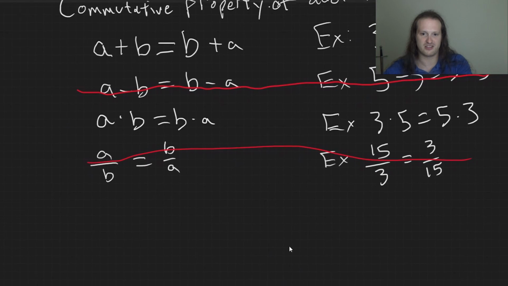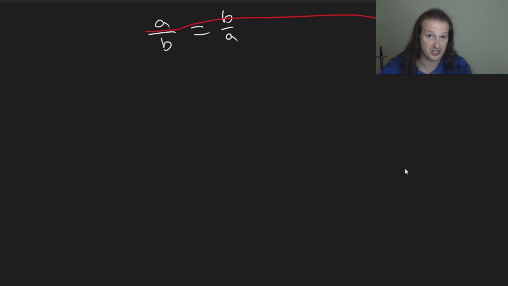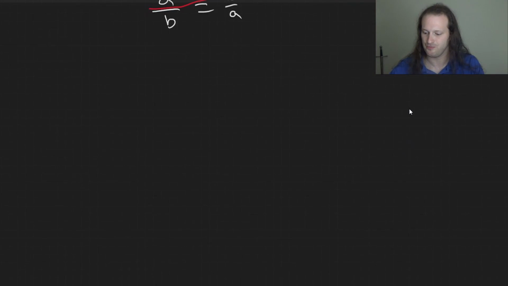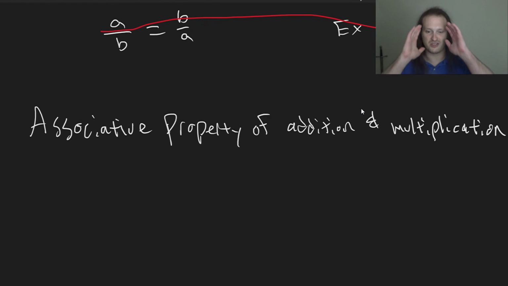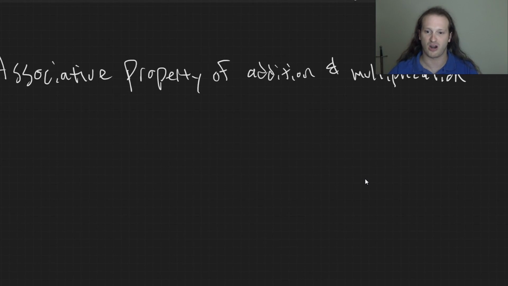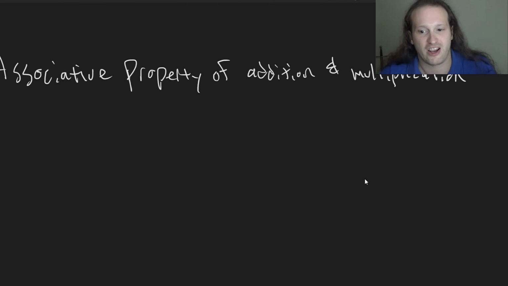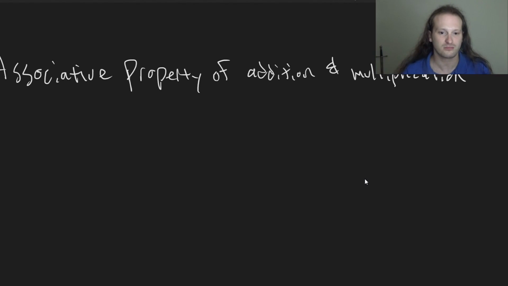Then there is the associative property. And I'm not going to go through and prove it this time, but it will be formally known as the associative property of addition and multiplication. For similar reasons, you cannot do the associative property for subtraction or division, because it'll just change the problem in a way.